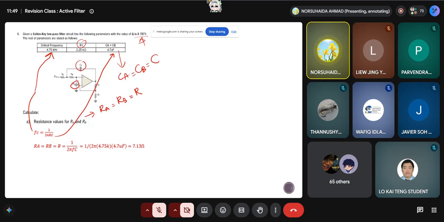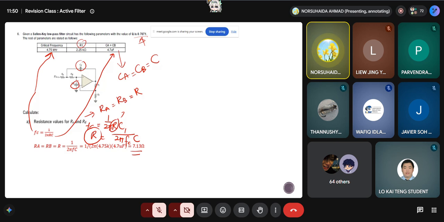From this, FC equal to 1 over 2 pi RC. We don't know what R is, so we move R over: R equal to 1 over 2 pi FC C. So we can get our value of R. From the given parameters in the question, we substitute all the values in the equation so that we get R equal to 7.13 ohms.